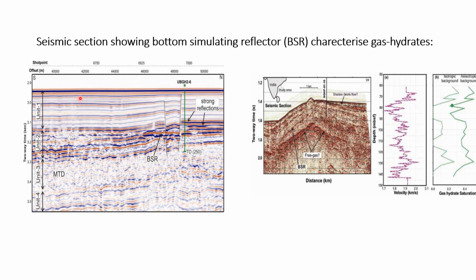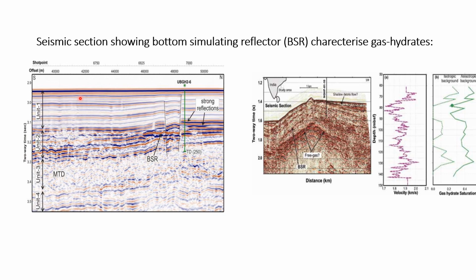After taking the 3D seismic data, here we will study the identification of gas hydrate. Suppose in an area you have taken the data and you want to know whether we can find gas hydrate or not.